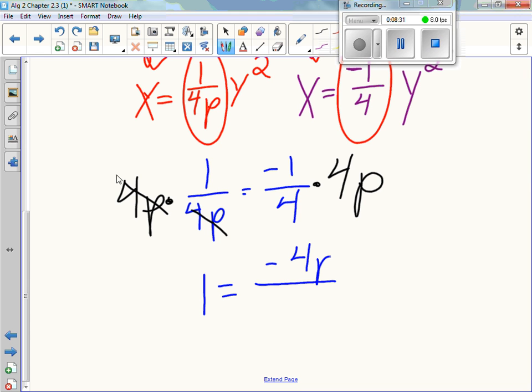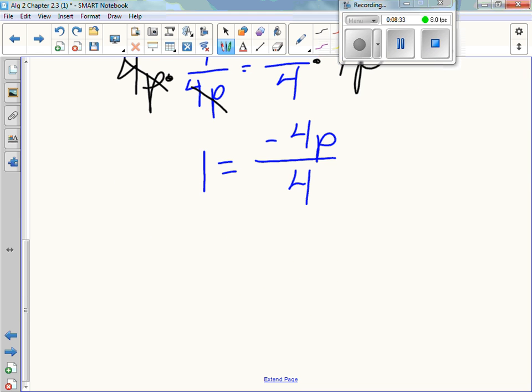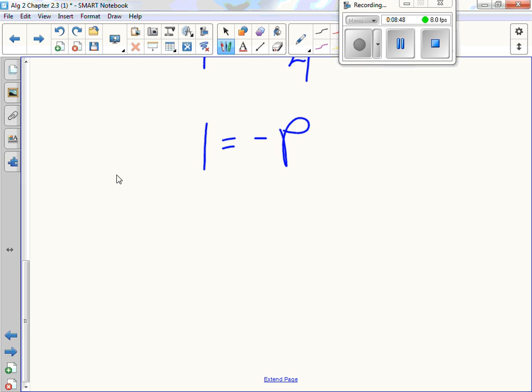Here, we'll get -4p over 4. Well, 4 divided by 4 is 1. Anything divided by itself simplifies to 1. So -p. I don't care about the value of -p, so I'm going to divide both sides by -1.